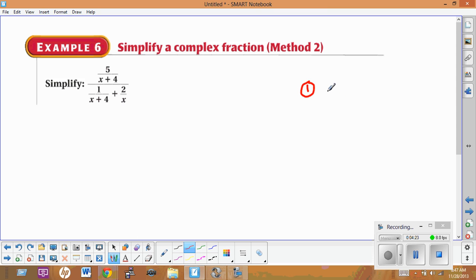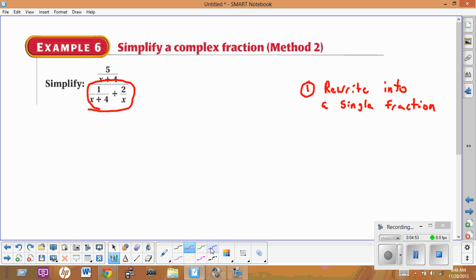So I look at the denominator, and this needs to be written as a single fraction. The numerator's okay, but the denominator's not. So that's step number 1. We're going to rewrite it into a single fraction. In order to do this, we need to look at common denominators. We're simply going to add these two up.